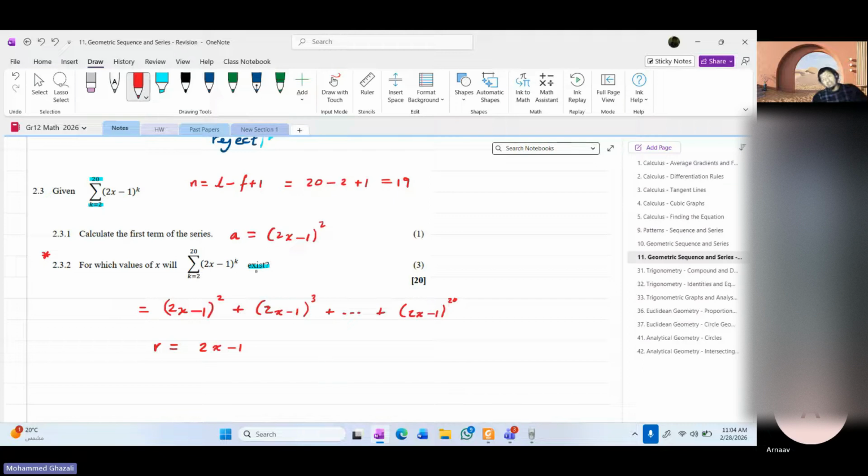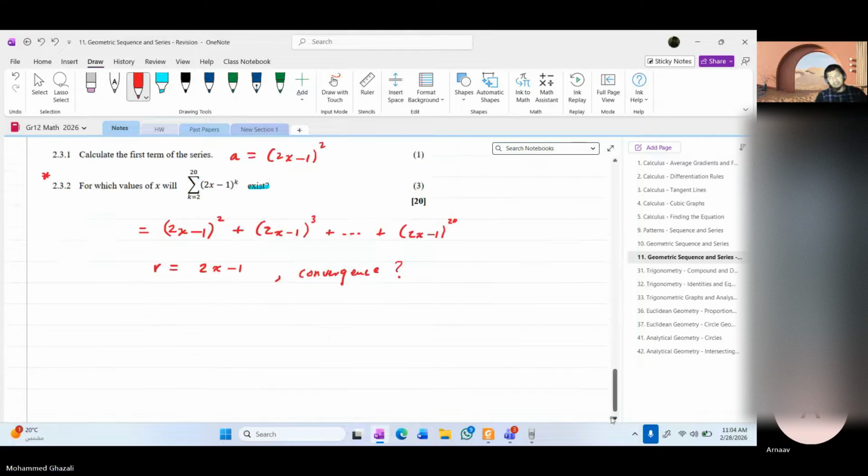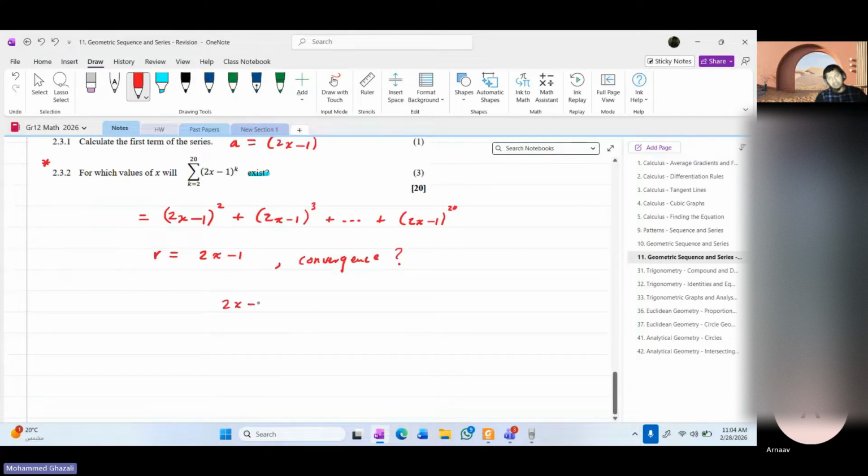If I try to check for convergence, what about the convergence of this? When will the sequence converge? So I'll say 2x minus 1, put it between minus 1 and put it between 1.